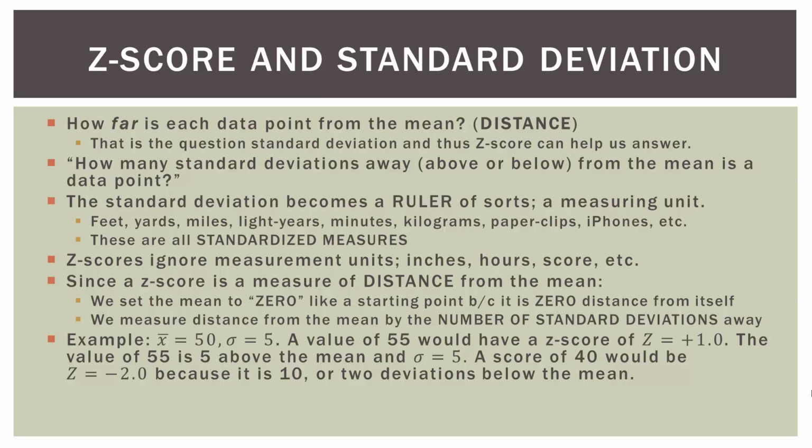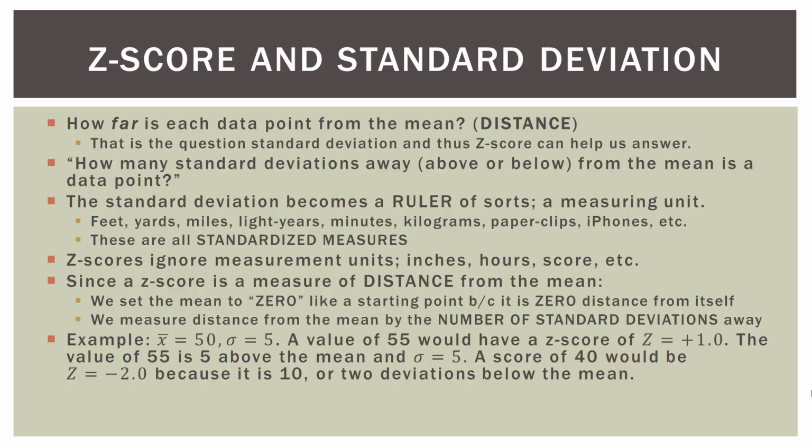And again, here is our example. A mean of 50, a standard deviation of 5. So the value of 55 would have a z-score of +1 because it's 5 above our mean. Our standard deviation is 5, so that's a z-score of 1. If you think of it in your head, what's the calculation going to be? It's going to be 55 minus 50, which is 5, divided by our standard deviation, which is 5.